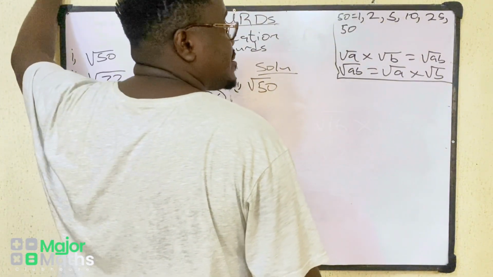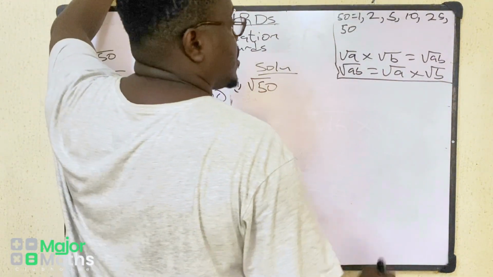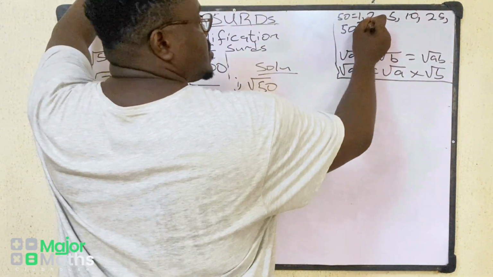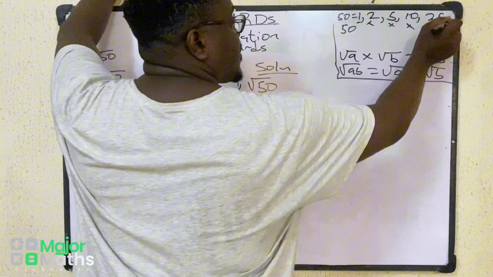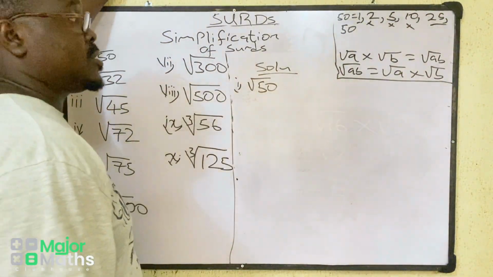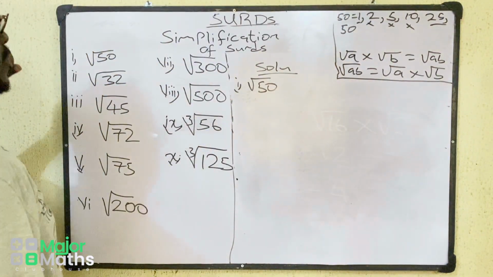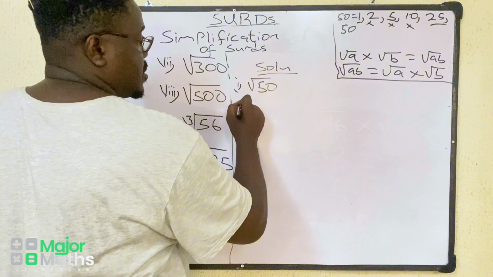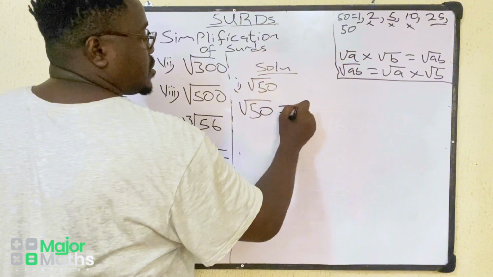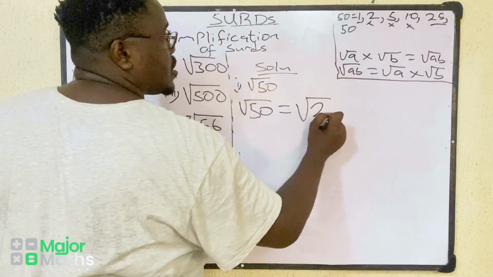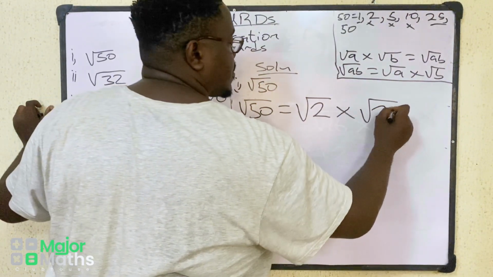We'll find the factor that is also the highest perfect square here. 1 is a perfect square, 2 is not a perfect square, 5 is not, 10 is not, 25 is a perfect square. So 25 times 2 will give you 50. Root 50 is equal to root 2 times root 25.